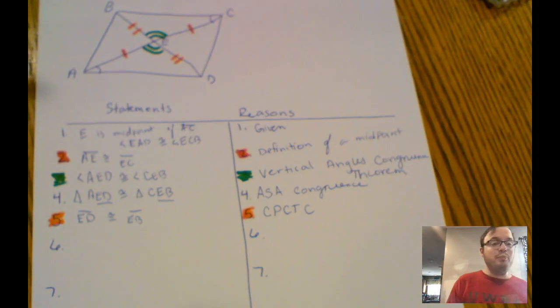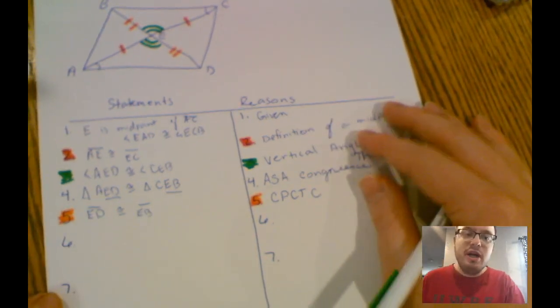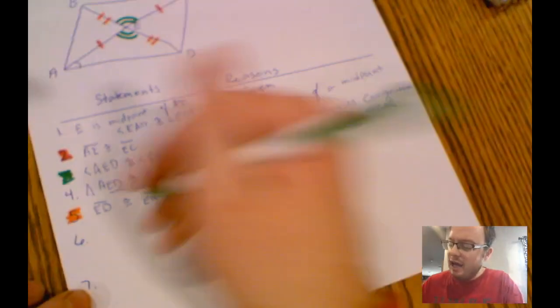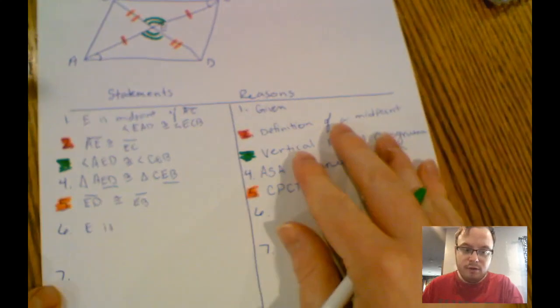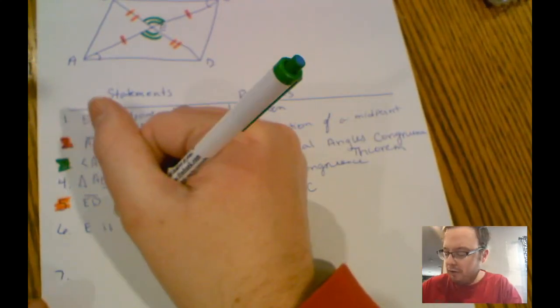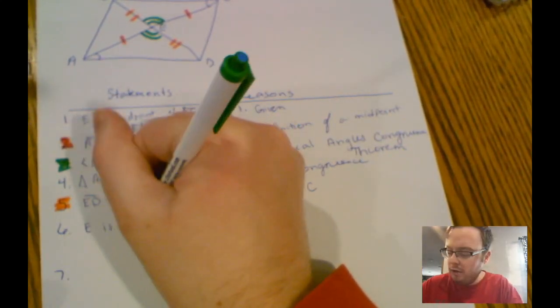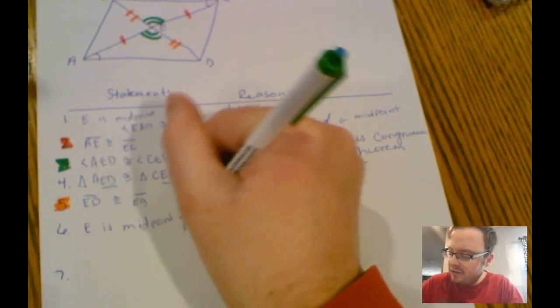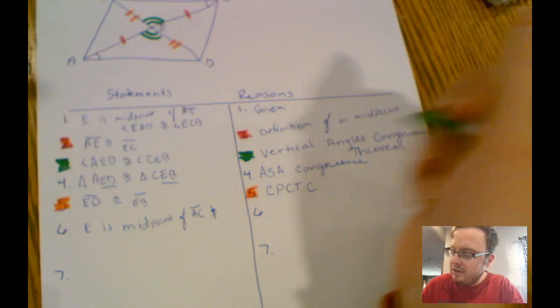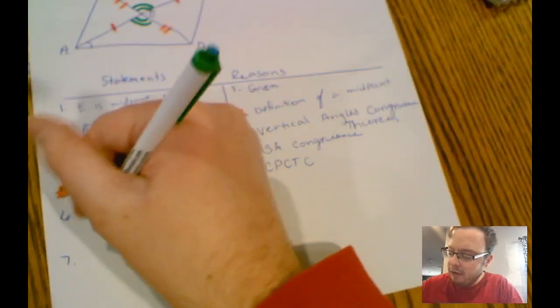And now I have pretty much enough to say that this is a parallelogram, but I'm going to make a statement to explain it. I can say E is the midpoint of AC and BD.